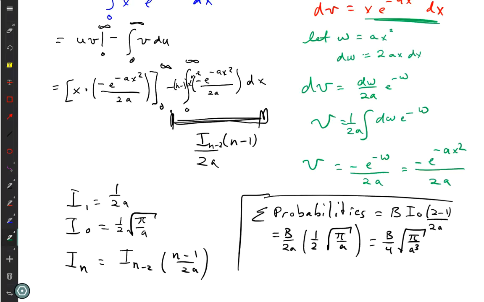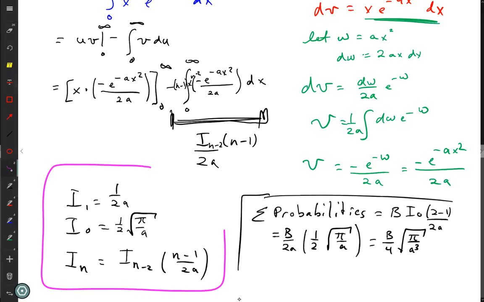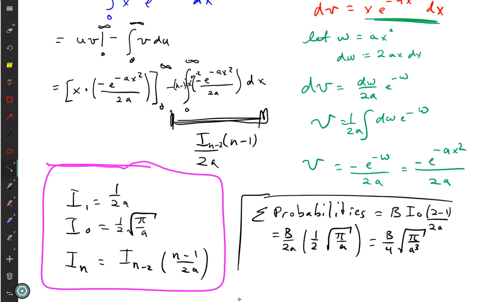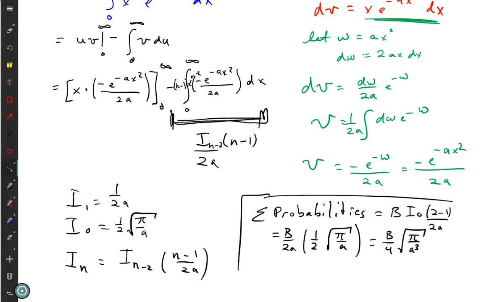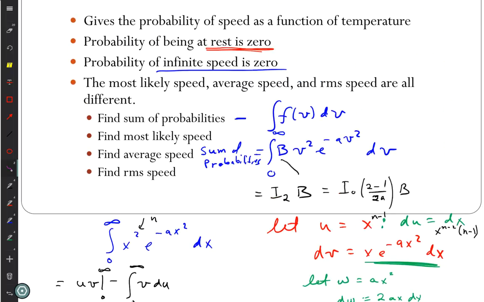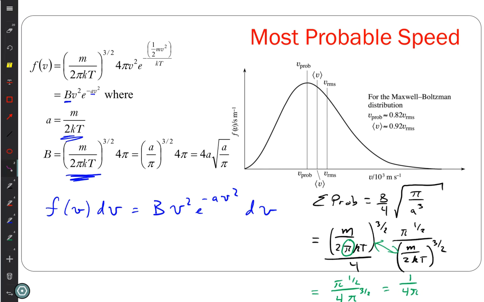Can you guys double check for me? Is everything correct in this box? I had B, just doing this integral right here, it's going to be B times I2. And so, I think, yes, here's the problem.